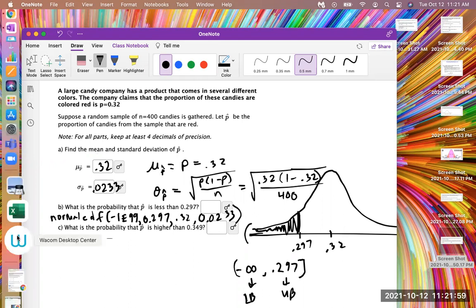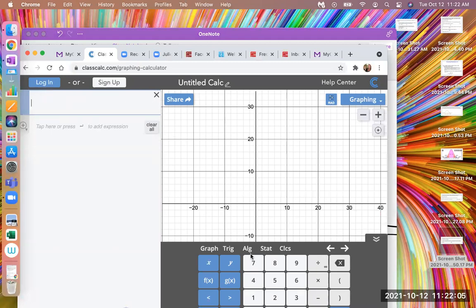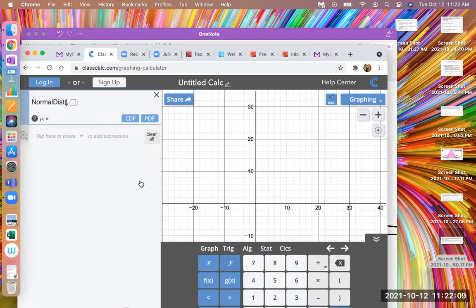Let's see how we would do that on the class calc. So I would do distribution, normal distribution, and then the mean was 0.23, I believe, right? And the standard deviation, I would normally put the whole formula in there, just so it's really accurate.